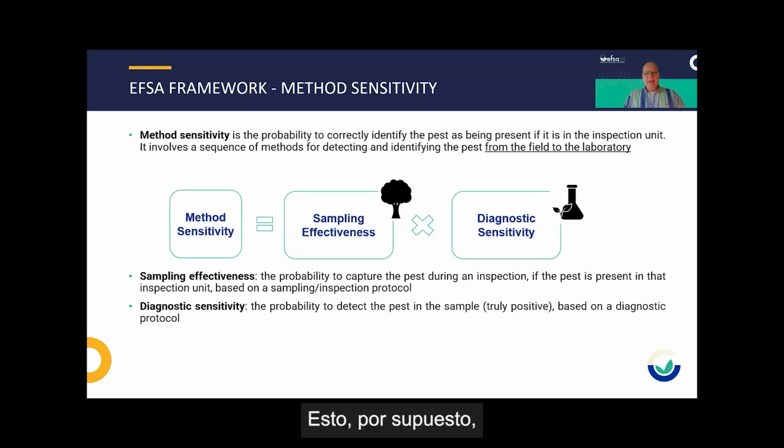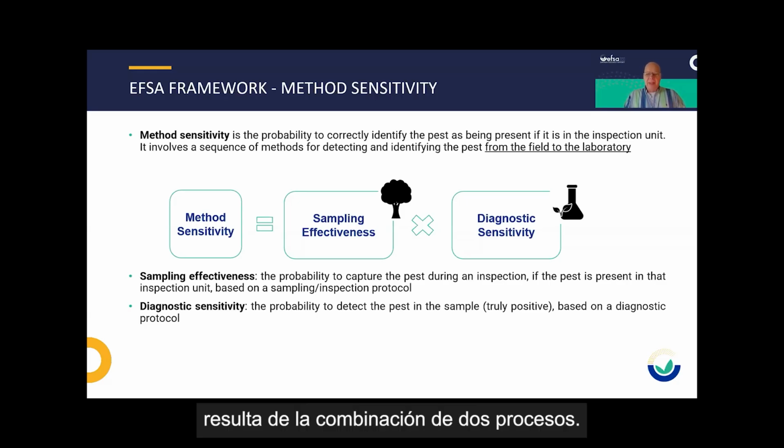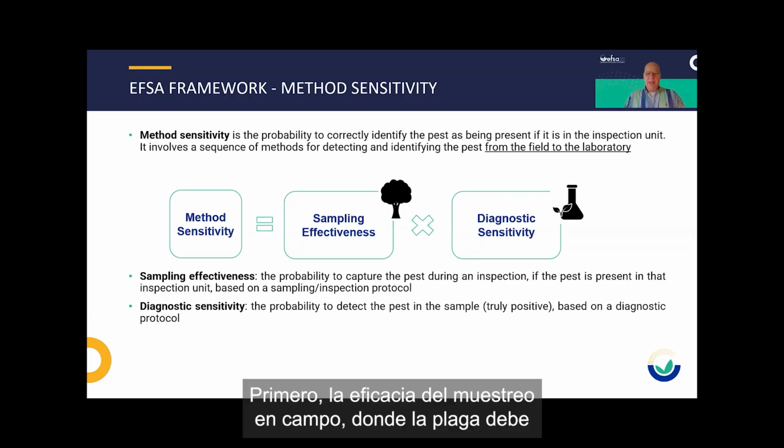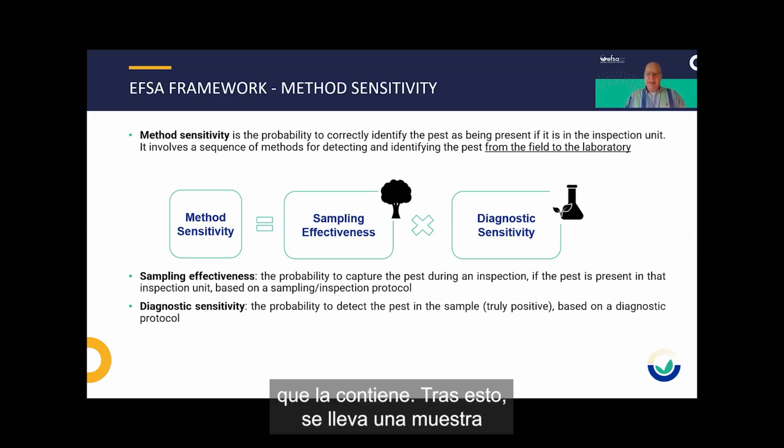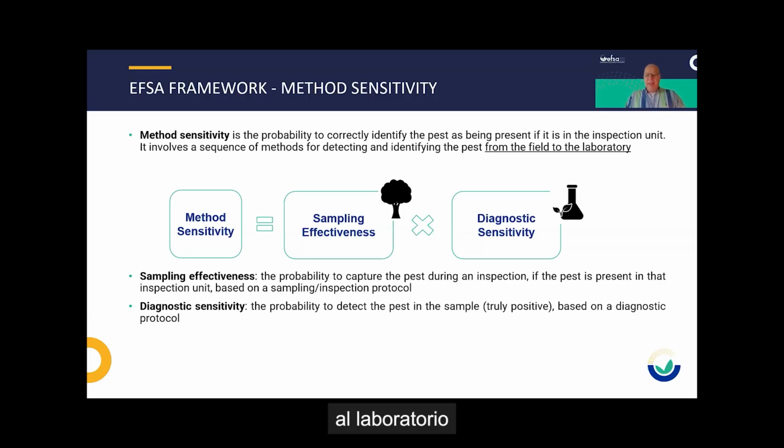This, of course, is a result of the combination of 2 processes. One is the sampling effectiveness in the field, where during the inspection, the pest has to be recognized in the inspection unit where the pest is contained. And then a certain sample is brought into the laboratory for diagnostic confirmation.